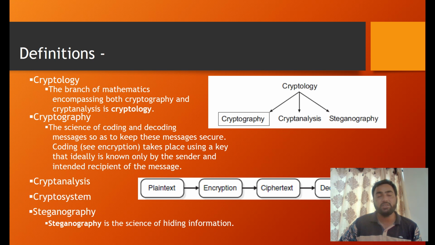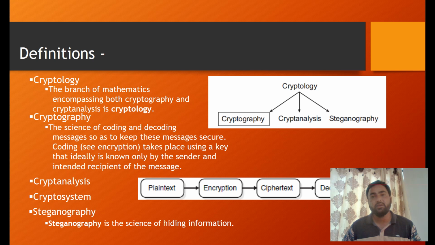It is done using a secret key called the encryption key at the sender side, and at the receiver side the reverse process is done using the same or a different key to obtain the actual message. Then comes cryptanalysis.